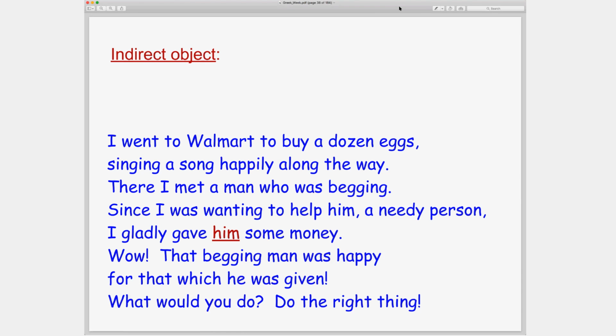Indirect object you could have. So in this case, I've got gave is a verb. The object of gave is money. Okay?